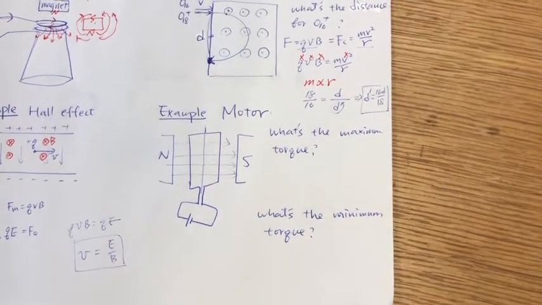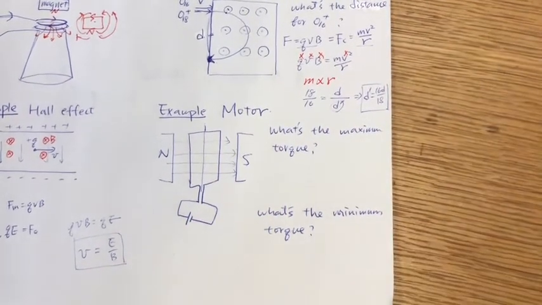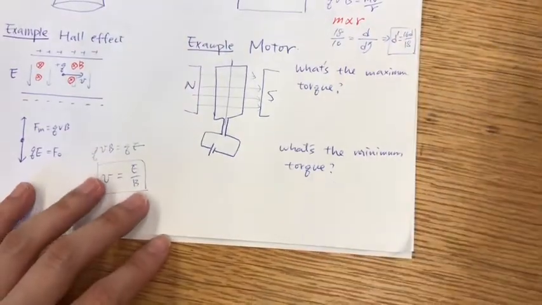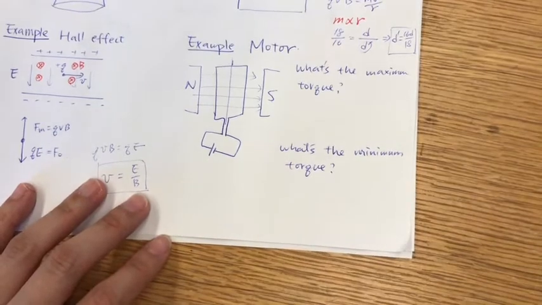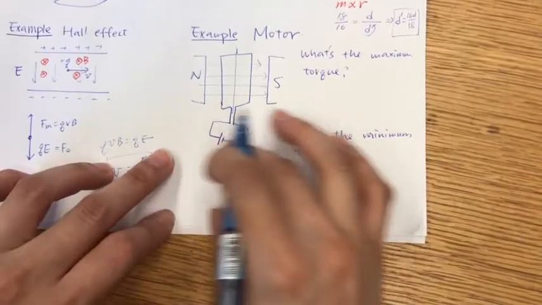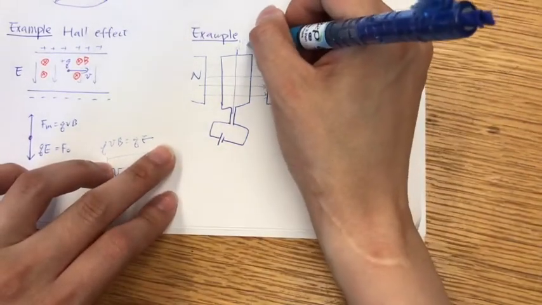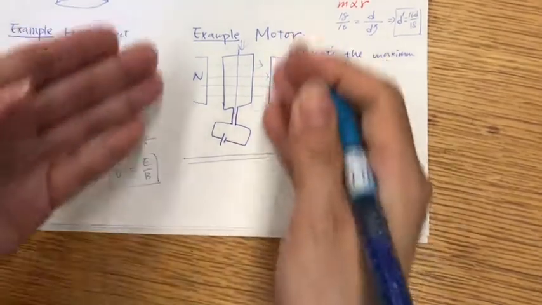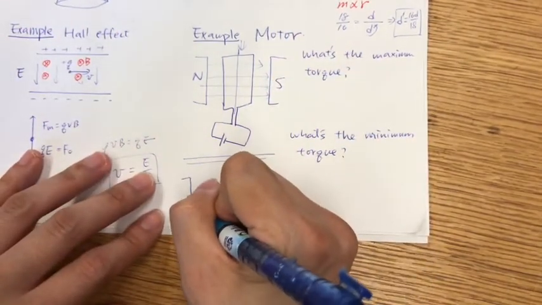All right, so now to talk about the motor, let's see what's happening here. I'm going to draw another series of pictures down here from this view. Okay, so it's the same motor, but I'm just looking at it differently.